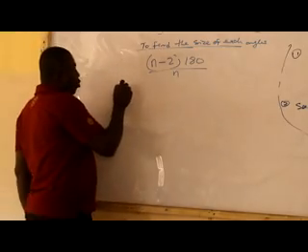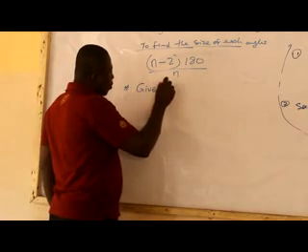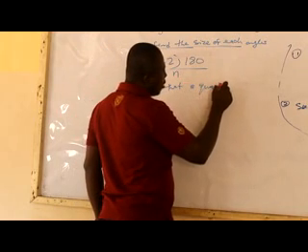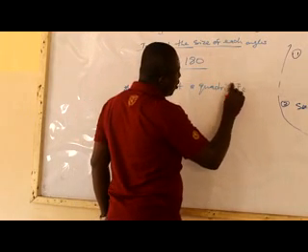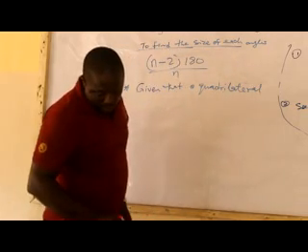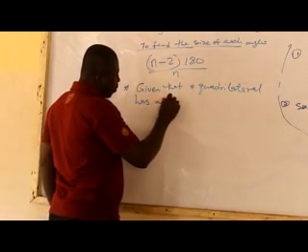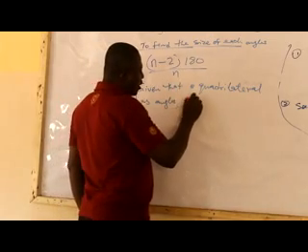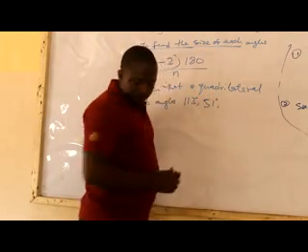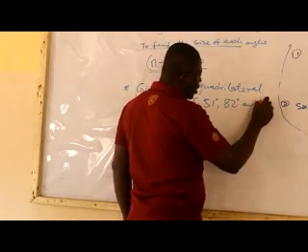So if you are using this, the question says, given that a quadrilateral has angles 113 degrees, 51 degrees, 82 degrees, and x degrees.